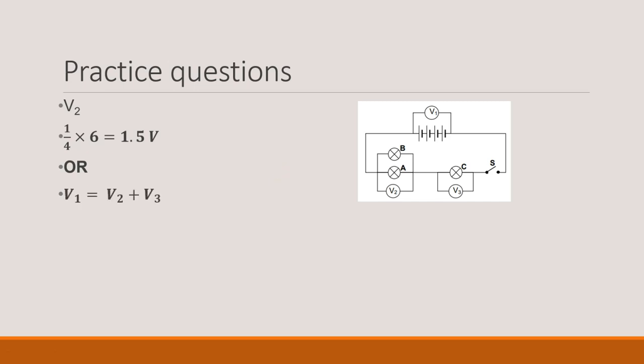Alternatively, we can say V1 is equal to V2, which is unknown, plus V3, which we've just calculated, so that the total voltage of 6 volts is equal to V2 plus 4.5, which gives us an answer of 1.5 volts again.